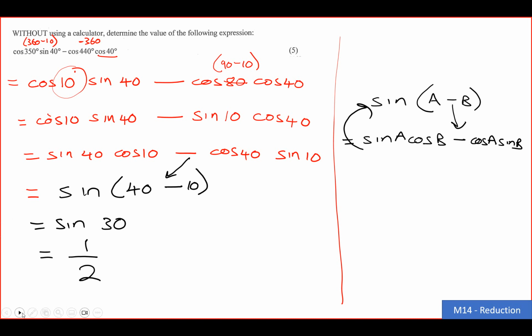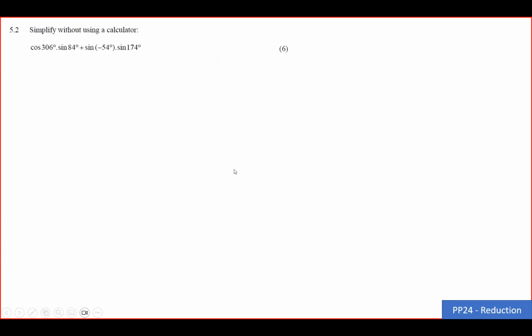We're going to go on to another question, very similar to the first, and we're going to start by using reduction formula. It says cos 306. Now remember, that's in the fourth quadrant, and our angle formula for the fourth quadrant is 360 minus. So we're going to rewrite 306 as 360 minus 54.